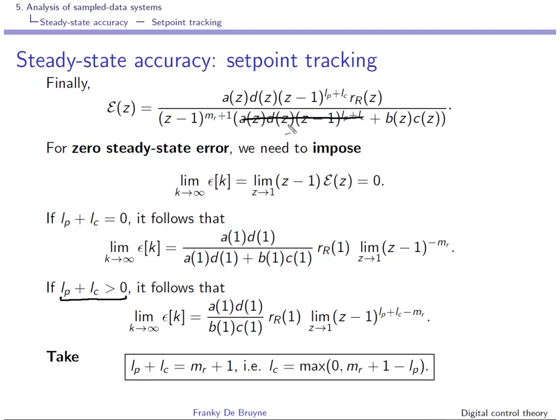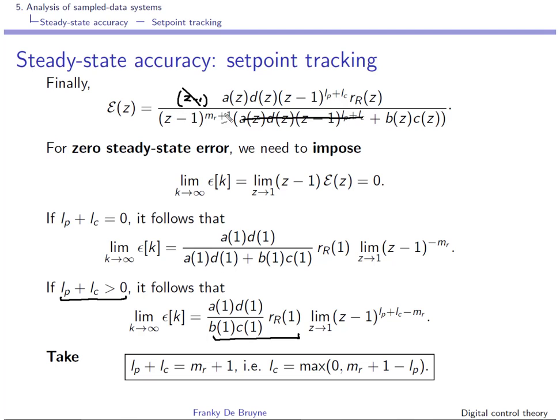So if you replace everything, or z by 1, you'll end up with this quantity over here, and here you have z minus 1 to the power LP plus LC, and here at the denominator you have z minus 1 to the power mr plus 1, but since we are computing the steady state error, we have to multiply by z minus 1, right?